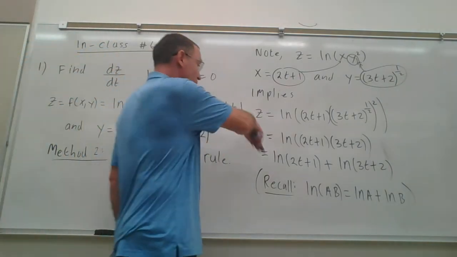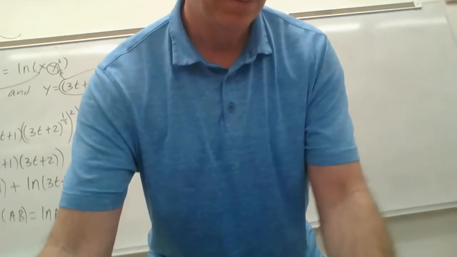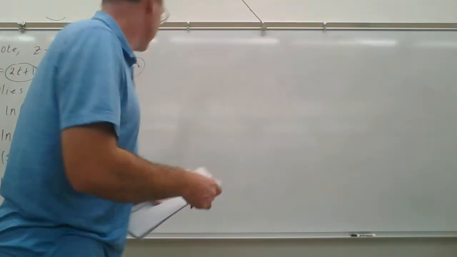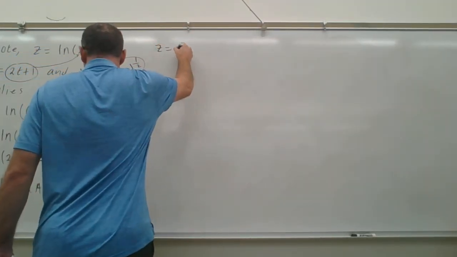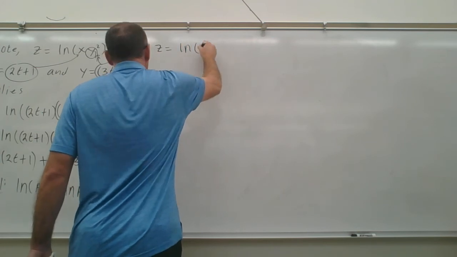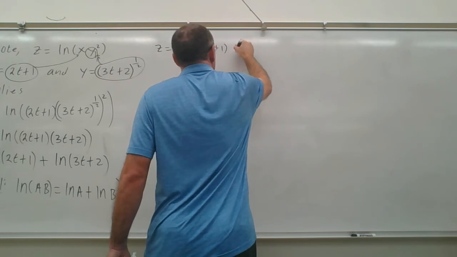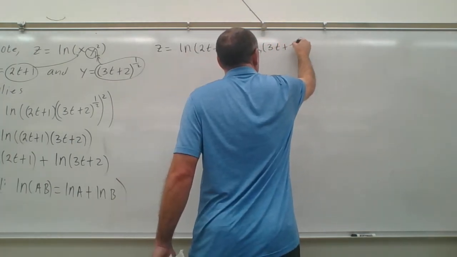So now I'm going to take the derivative on both sides. Okay, so taking derivative, so let me write my z up here again. So z we have is ln of 2t plus 1 plus ln of 3t plus 2.